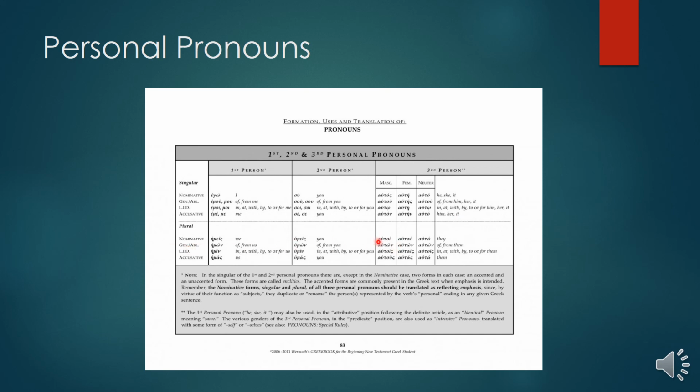Plural nominative, of course, is they. Autoi, masculine they. Autai is feminine they. Auta is neuter they. Auton is the same. You can follow the pattern here. Autois, autais, autois is the locative dative or instrumental for this case, and the accusative form in the masculine is autous, they, autas feminine they, them, and auta is neuter them. So this is the objective form of they.